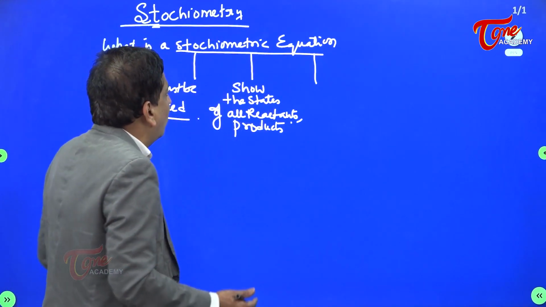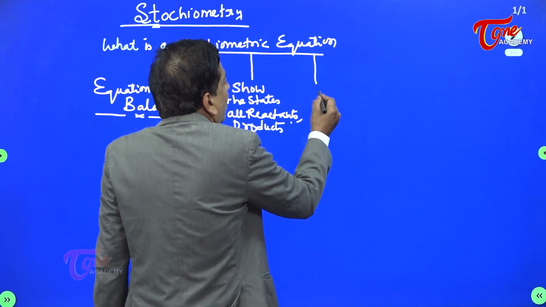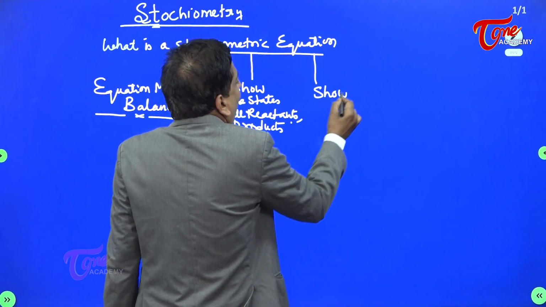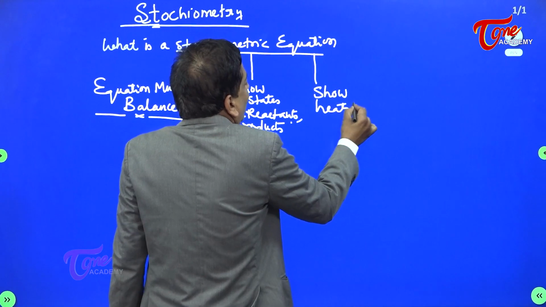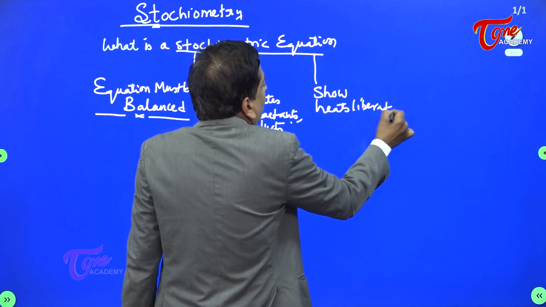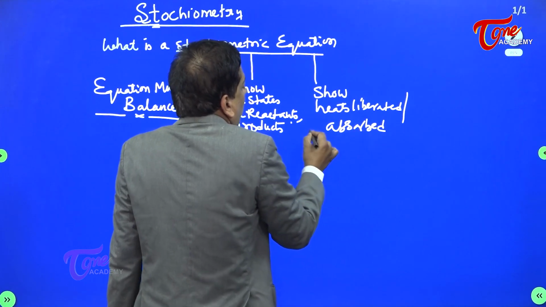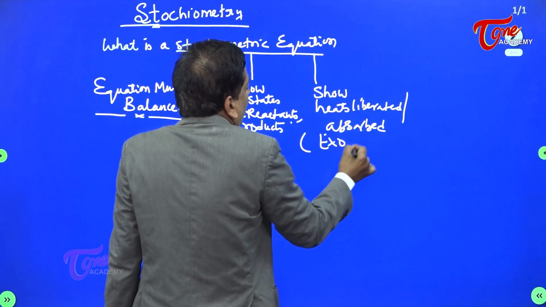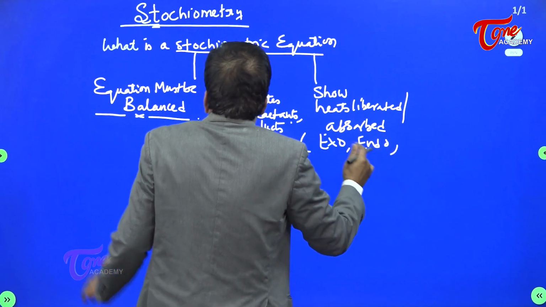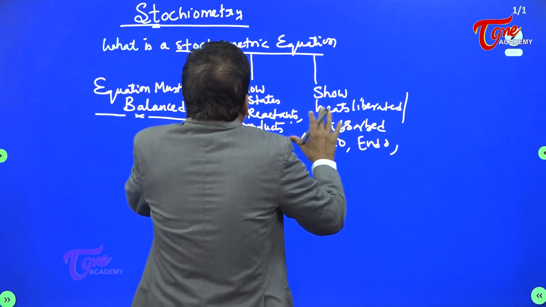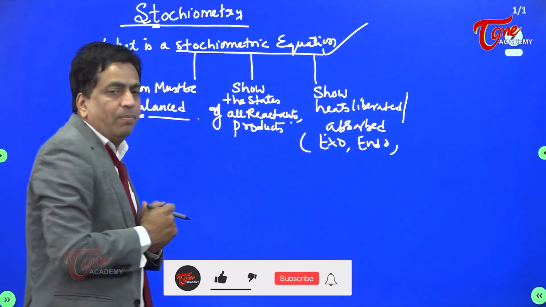The third is that it should show heat liberated, or sometimes absorbed, so you must say whether it is exothermic or endothermic. All these are the conditions for a good stoichiometric equation.